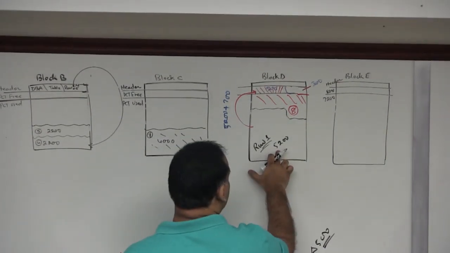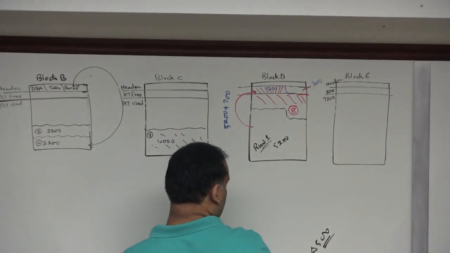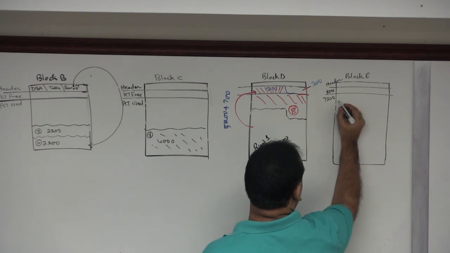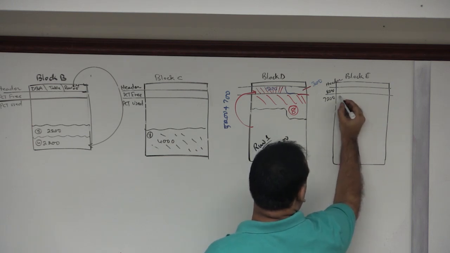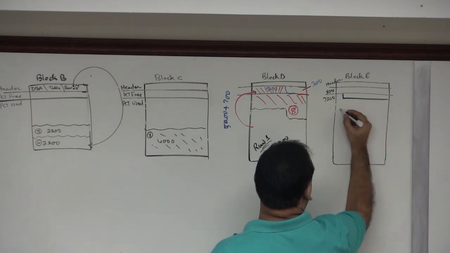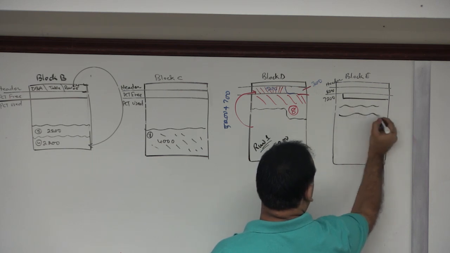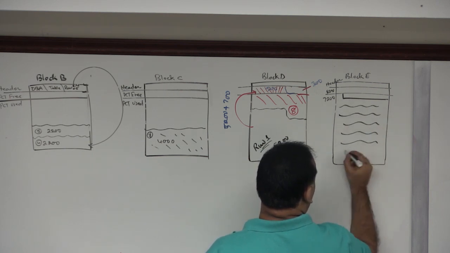So this entire row has to be migrated because now 6200 bytes, out of 7200, is already taken. For which row? Row number 1.